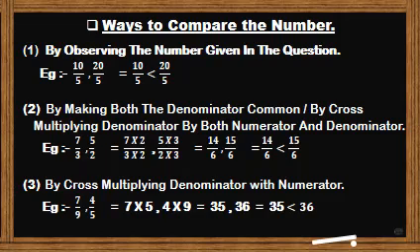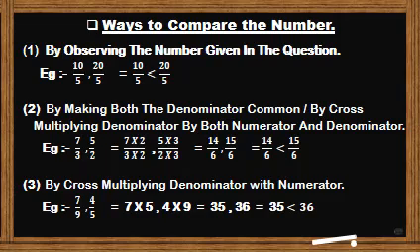The second one is by making both the denominators common, by cross multiplying the denominator by both numerator and denominator. Here we have been given the question 7 upon 3 and 5 upon 2. Both the denominators are not the same, so we have to make the denominator the same. How can we make it the same?